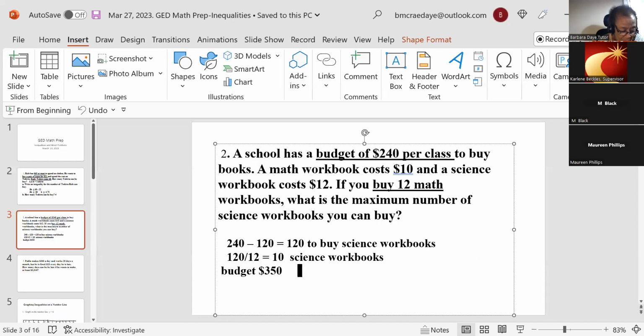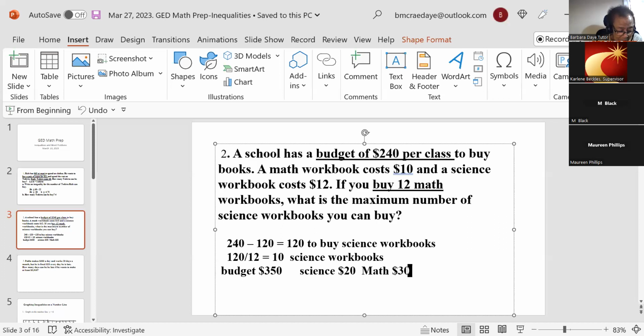Stay with science and math workbooks. Science is $20. Math is $30.